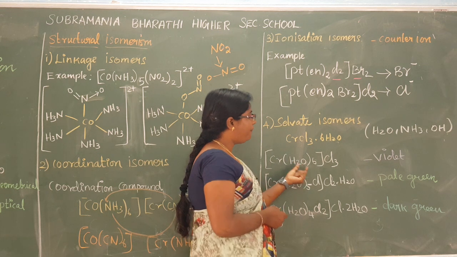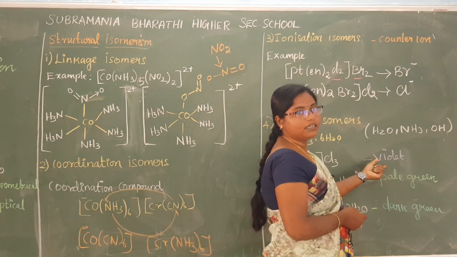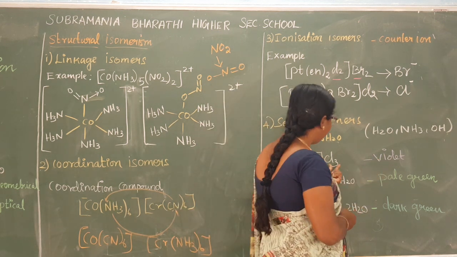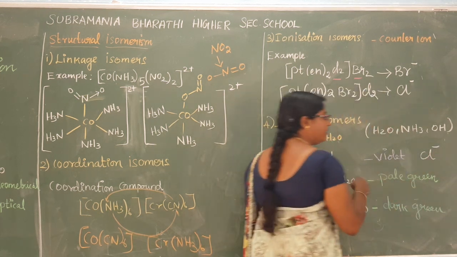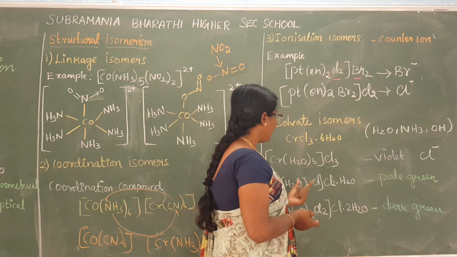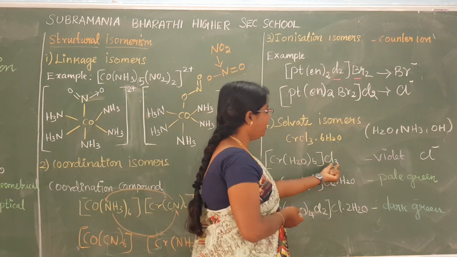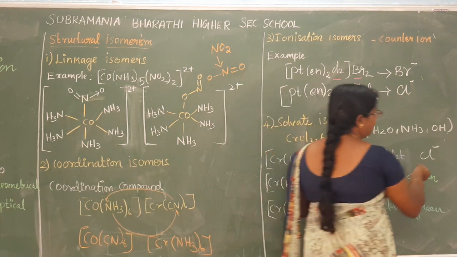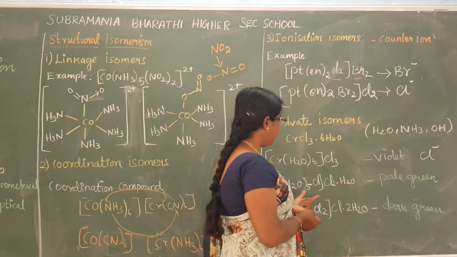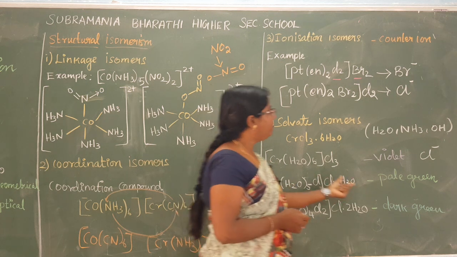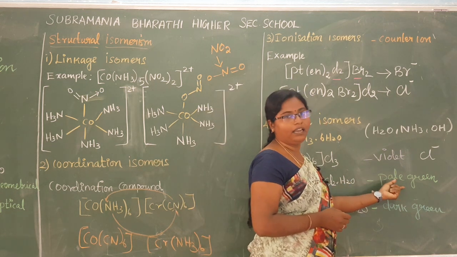In the first compound, the compound will exhibit violet color, and here chloride ion will be ionized first. In the second case there are three chloride ions, so three chloride ions will be removed first. But the second complex will exist in pale green color.